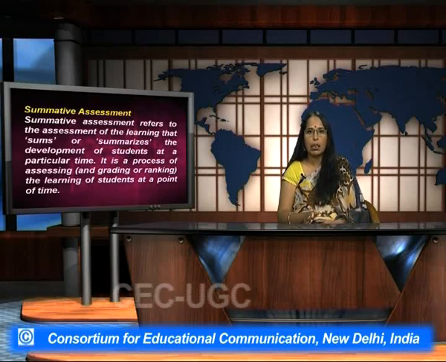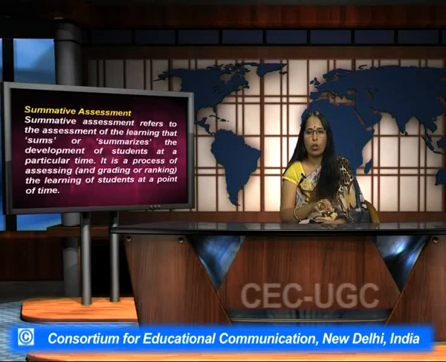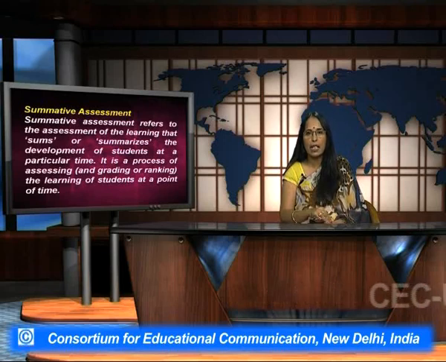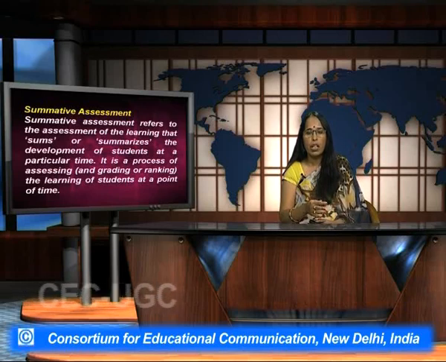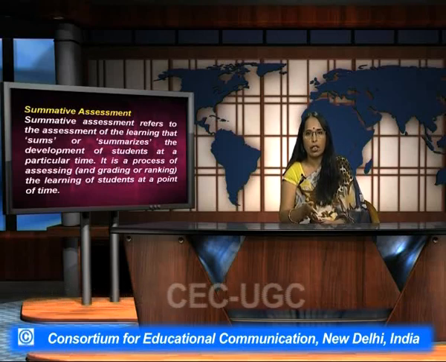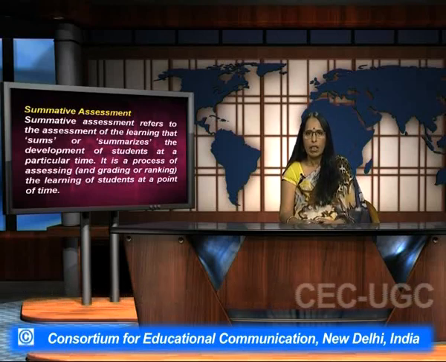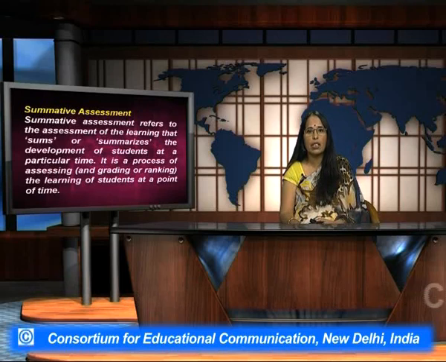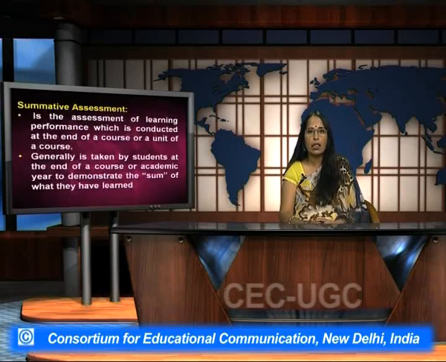Why is it so? Because he is being summarized as per the learning, and that is also a kind of norm reference and criterion reference assessment. So, summative assessment is done to understand whether the learning objectives are being understood by the student or not.